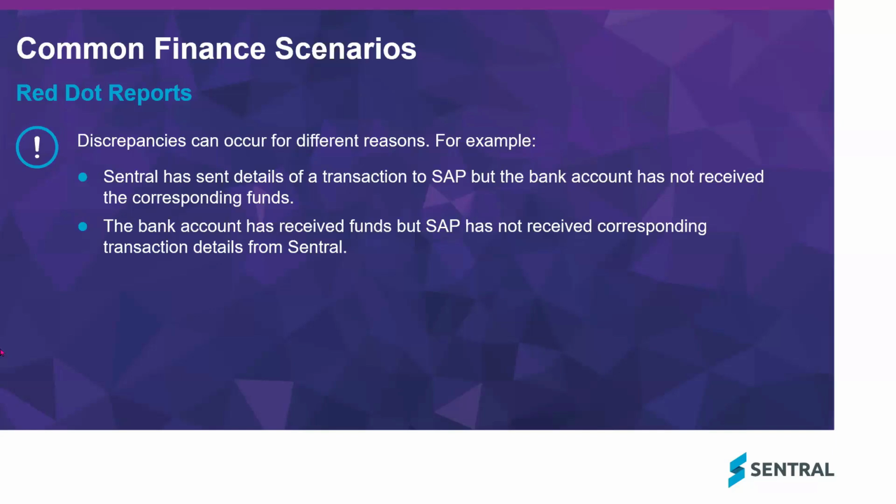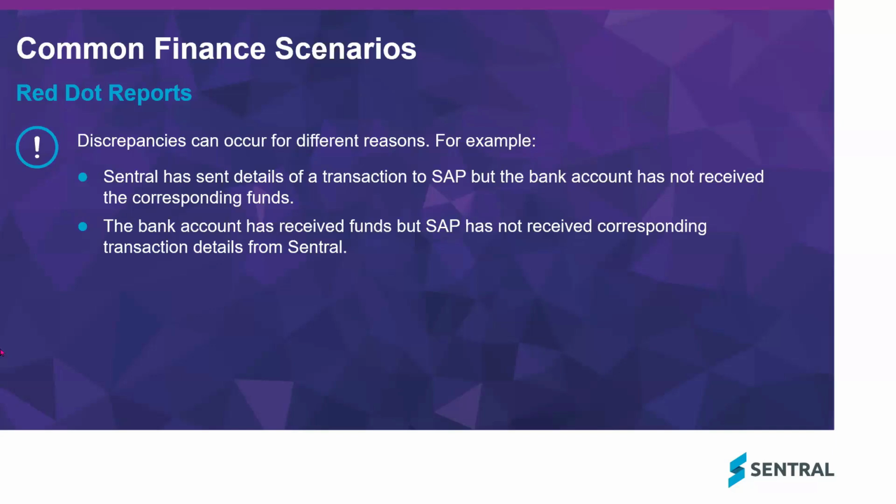When there's a discrepancy between the transaction details provided by Central and the funds received from the bank, on the report there appears to be a red dot, which is hence the informal name for the red dot report.